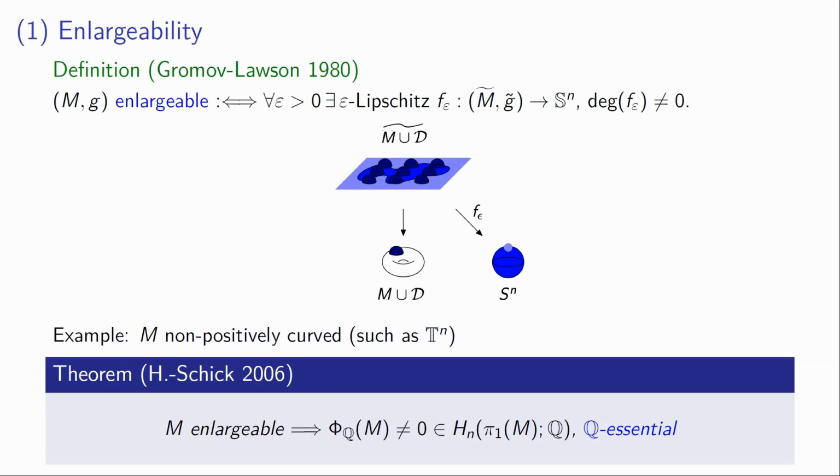So then we have the factorization of a non-zero map through a map which maps the fundamental class of M to 0, and that's a contradiction. So such a factorization cannot exist, and this means that the fundamental class of M must survive this process, or this passage to B pi 1.